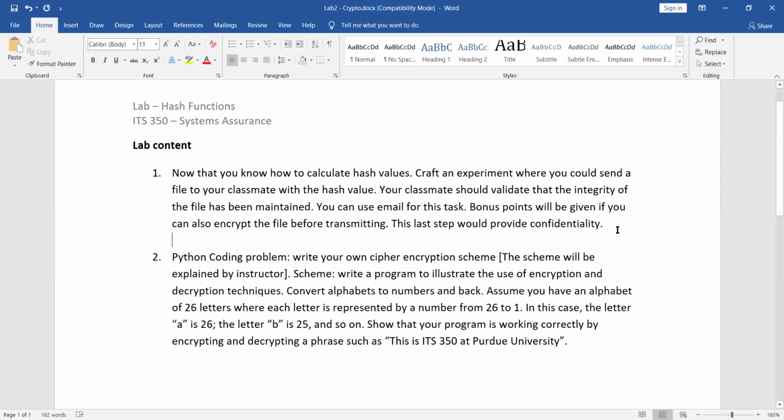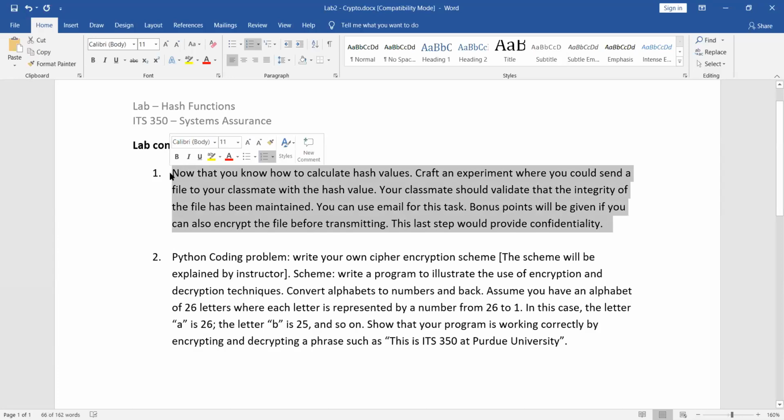So basically, if you only do the hash, you're only achieving integrity, because you would send a message in plain text. This assumes that with Gmail or whatever you're using, you don't trust the people at Google, and they would read your message, and you don't want that. So to also achieve confidentiality, you would encrypt the message as well.